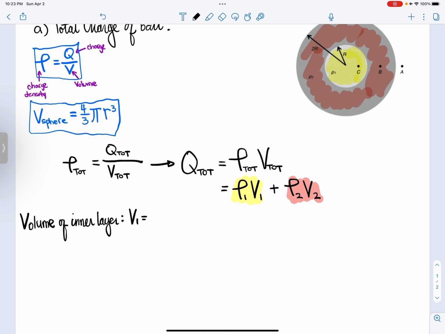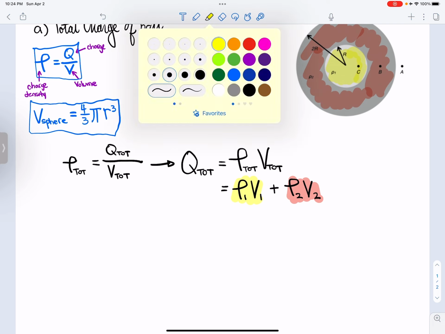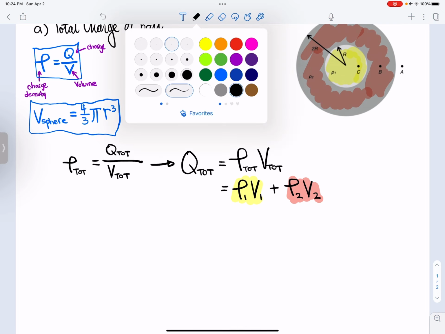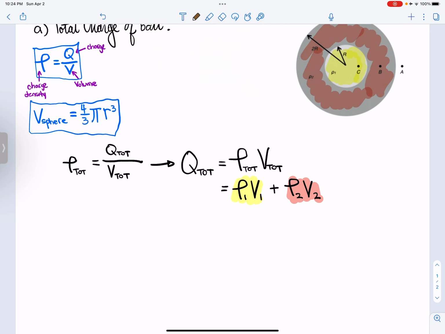I'm going to use a different color, just so it's clear that that's kind of a side quest. So the volume of the inner layer, V1, is equal to 4/3 pi.